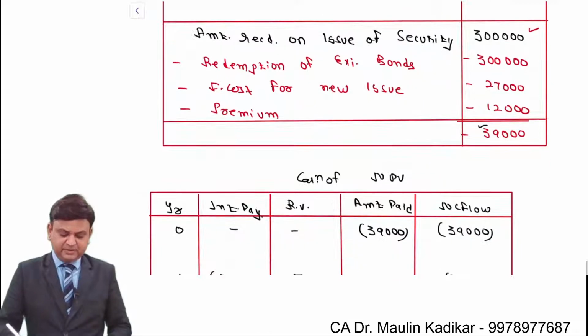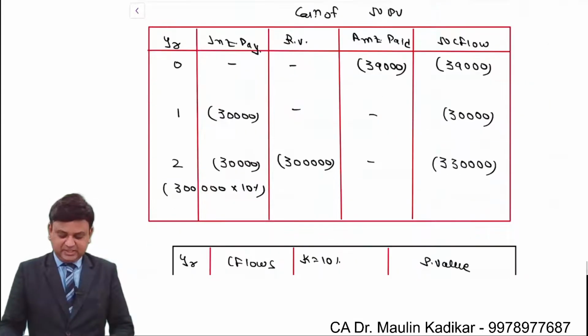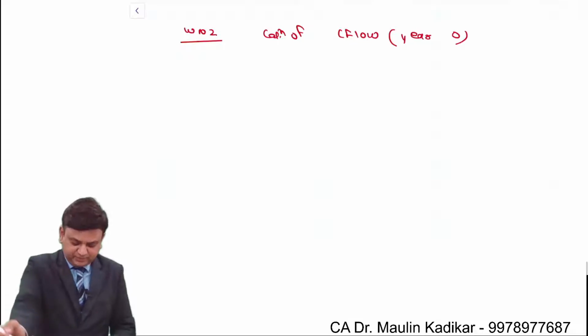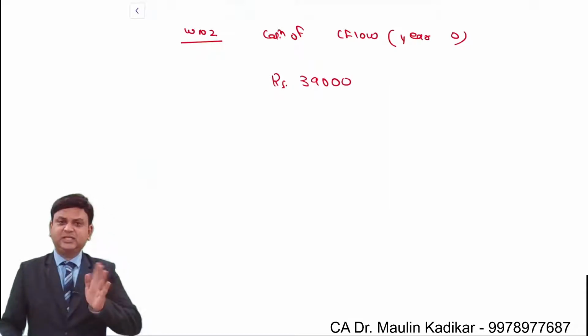We will make the payment to the existing bondholders, 3 lakhs. Along with that, we will make the payment of the premium, 12,000. We have to incur a flotation cost of 27,000. So in the year 0, it is an amount of rupees 39,000. Exactly the copy paste, nothing is changed.